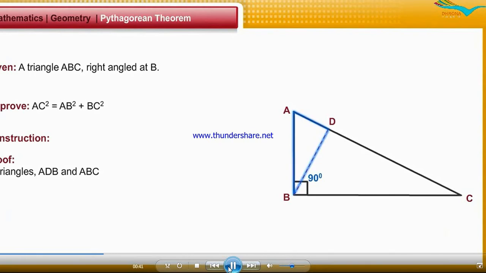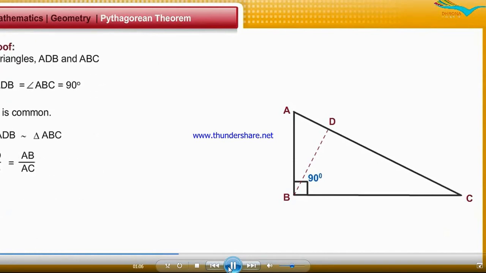Consider two right triangles ADB and ABC. We have angle ADB and angle ABC equal to 90 degrees. Angle A is common for both triangles. Hence, by AA similarity property, triangle ADB is similar to triangle ABC.